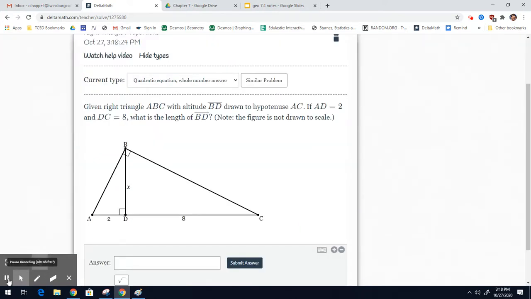All right, so same setup here. So now they say if AD is 2 and DC is 8, what is the length of BD? So again, notice here, they don't give you this big, long AC, which means we're going to use the two smaller triangles.